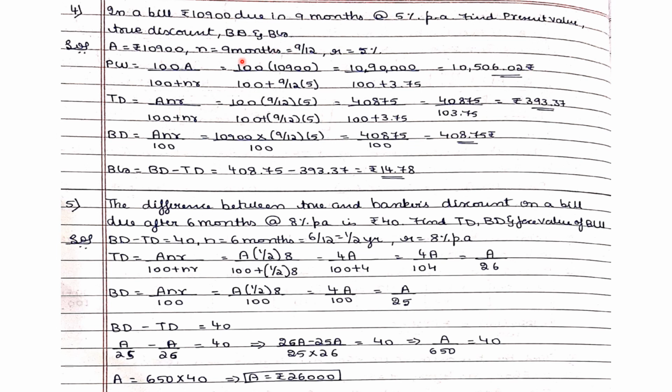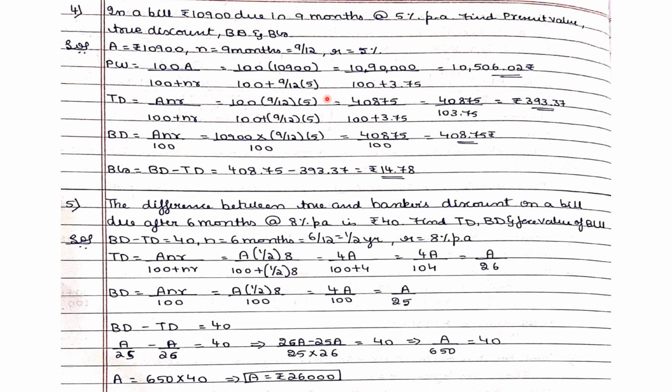For the present worth, you can go with the formula 100A divided by 100 plus NR. This formula you can use to easily find the present worth. Then substitute the amount value, and in the place of n it's 9 by 12, with rate 5. Then you will get the final answer as 10,506.